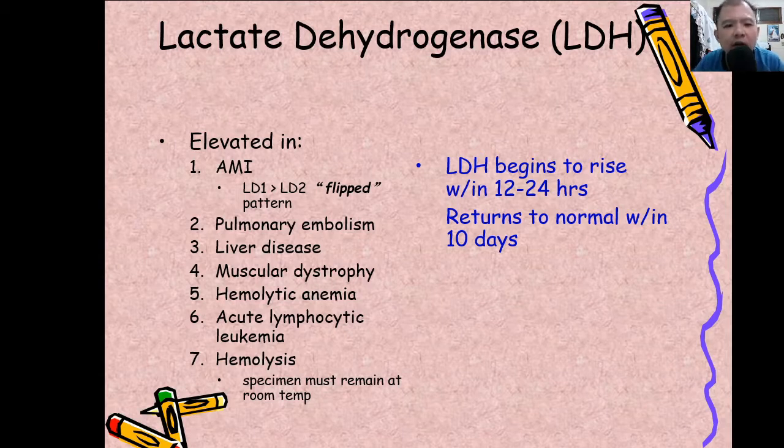In other situations, LDH can be elevated in pulmonary embolism, liver disease, muscular dystrophy, hemolytic anemia, acute lymphocytic leukemia, and hemolysis of the specimen, such that the specimen is advised to remain at room temperature. LDH begins to rise within 12 to 24 hours and returns to normal within 10 days.